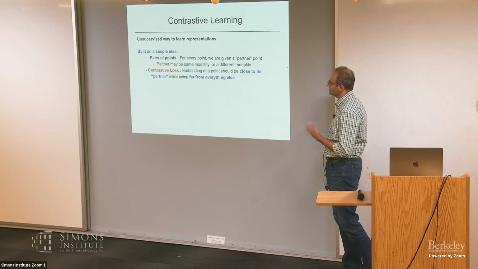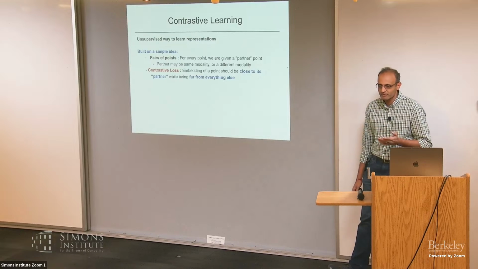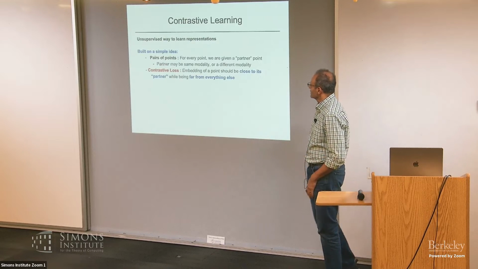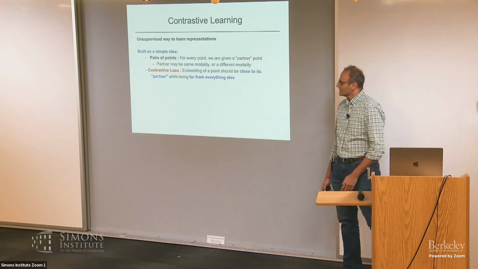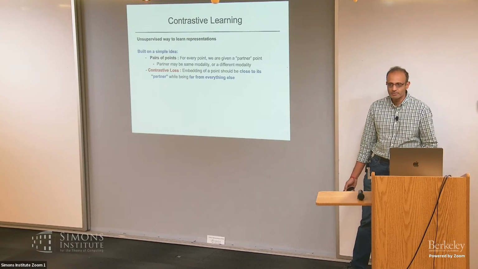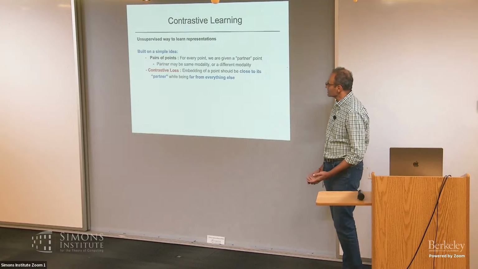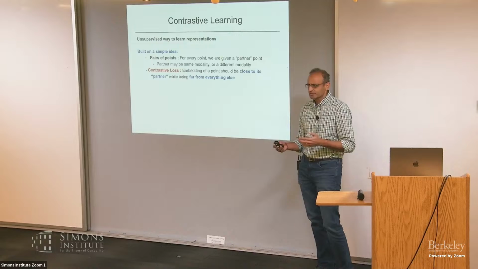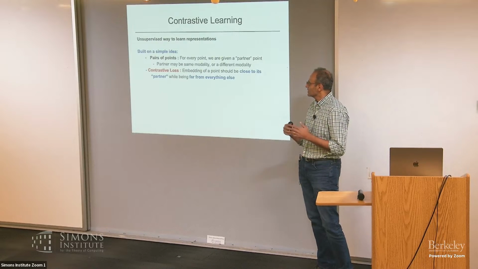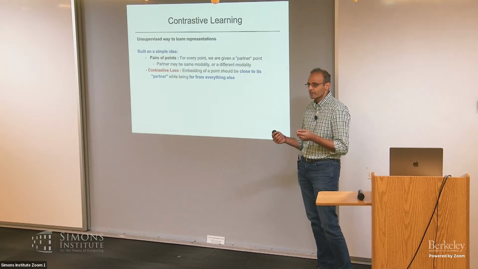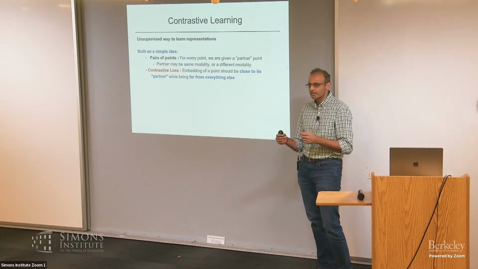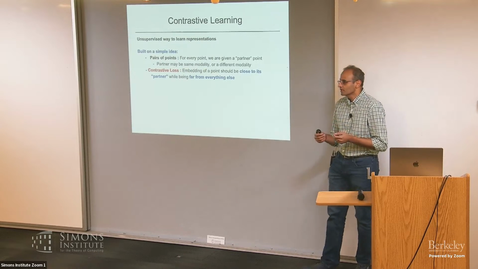Okay, so just a brief primer. I think many of you might already be familiar, but for those who are not, on what is contrastive learning. Contrastive learning is an unsupervised way to learn representations, right? Unsupervised means there are no labels for points. It's built on a simple idea, which is that you have pairs of points: for every point you're given a partner, and you use these partners to learn representations.